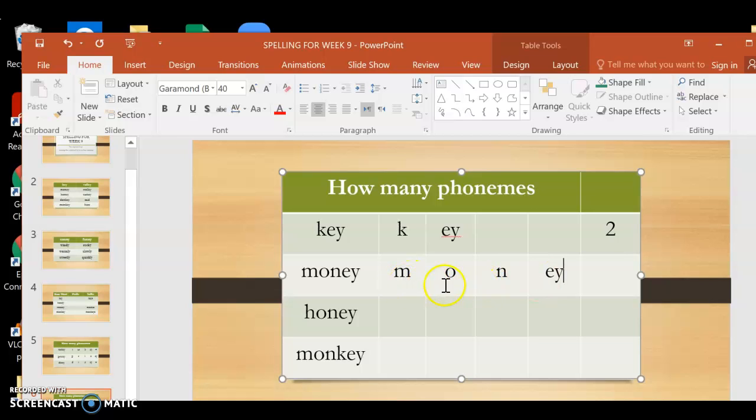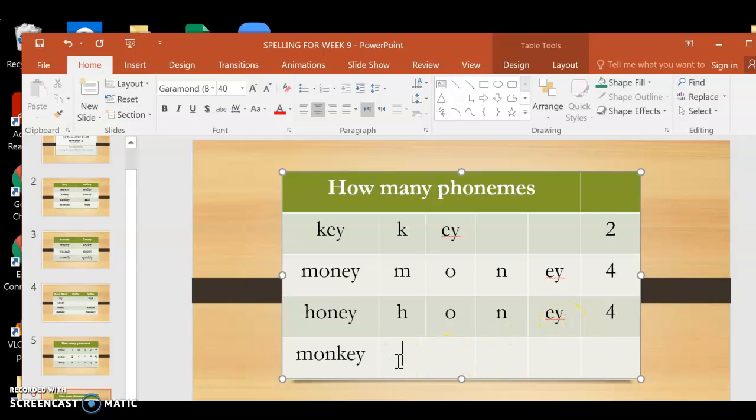M, u, n, e. 1, 2, 3, 4. 4 phonemes, 1 digraph. Same thing I would say with the word honey, because we've just changed the first letter. H, u, n, e. H, u, n, e. 4 phonemes, 1 digraph.